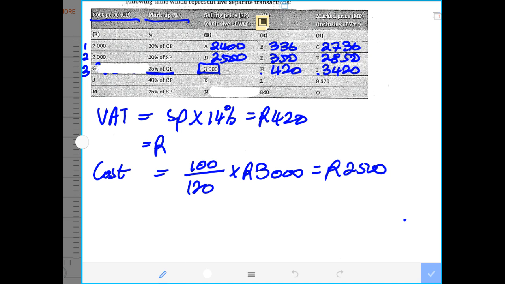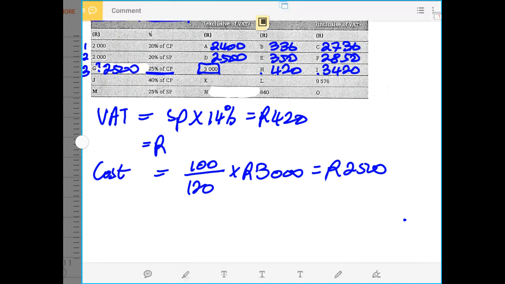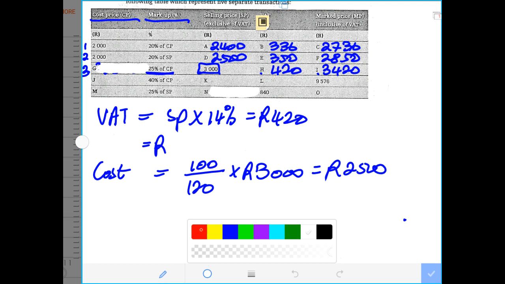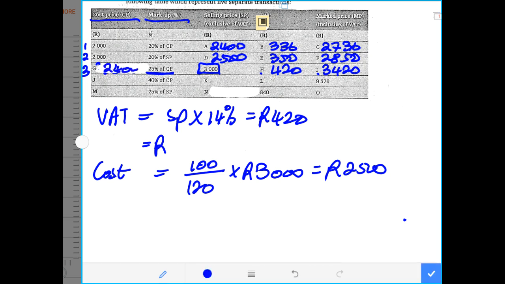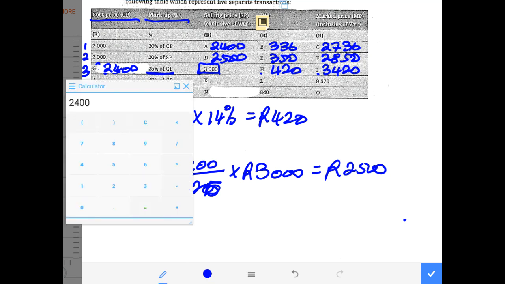So now erase that. Then we have our cost price being 2,400. That means it was supposed to be 125 here divided by 125. Let me also test that, meaning it will be 3,000 times 100 divided by 125.